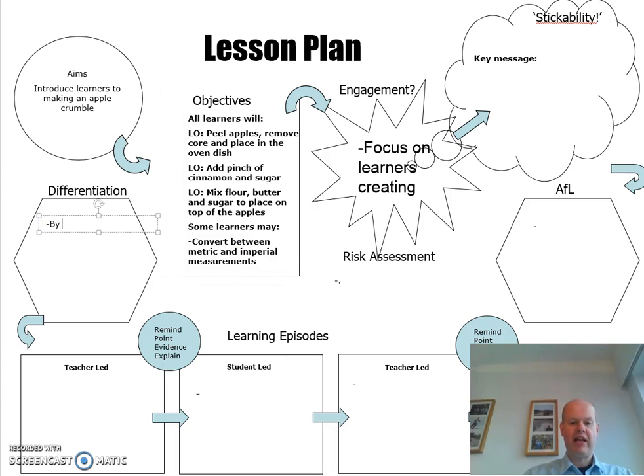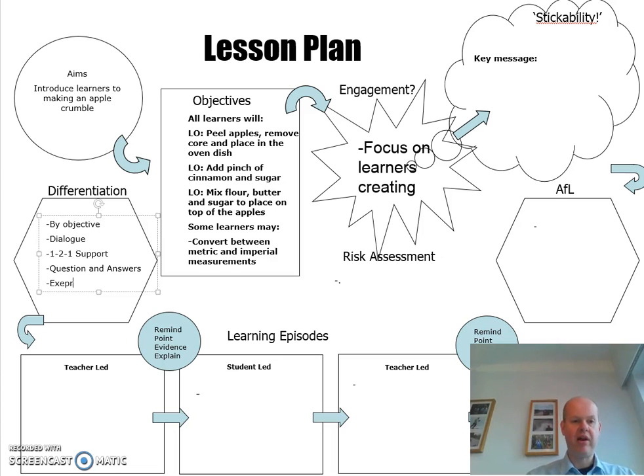So we've mentioned differentiation by objective. We're also going to be differentiating by dialogue, because you'll talk to your learners differently depending upon what they understand of your class and what you think that they still need to understand. You're also going to support them differently depending upon how they find the difficulty of the task, and you're going to ask them questions and answers to check that they understand the task, but also sometimes to check their assumptions and to question their perspectives.